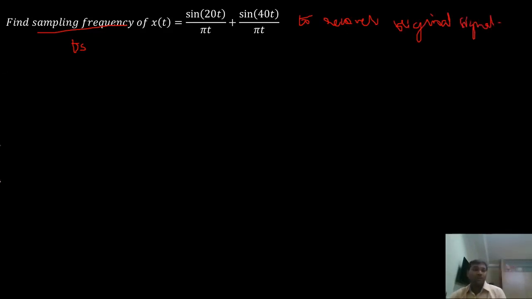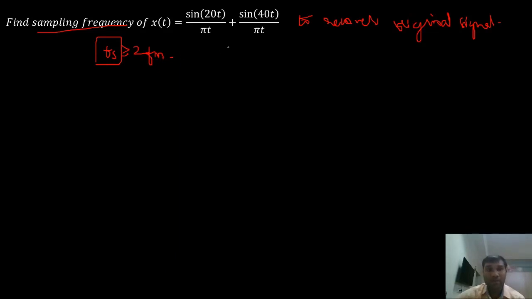So what is the condition on sampling frequency to recover the original signal from its samples? The condition is Fs must be greater than or equal to 2 Fm. This is the condition. So we have to find Fs, which is greater than or equal to 2 Fm.